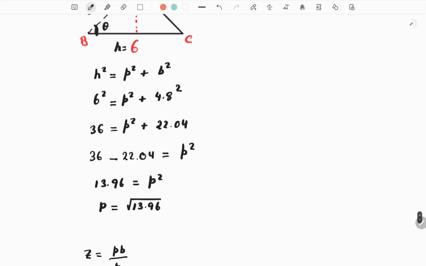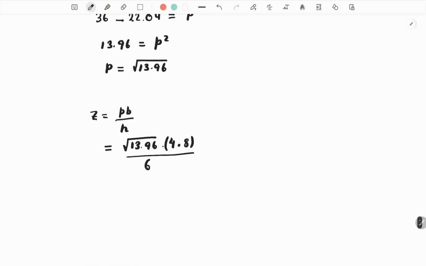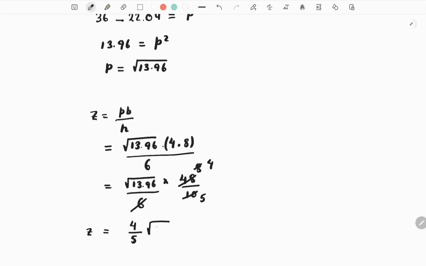Then instead of H, we'll put 6. So this can be written as root over 13.96, and instead of 4.8 we can write 48 divided by 10, then divide by 6. So 6 into 8 is 48, 2 into 5, then 2 into 4. Therefore the value of Z is equal to 4 by 5, then root over 13.96. So this is the value of Z.